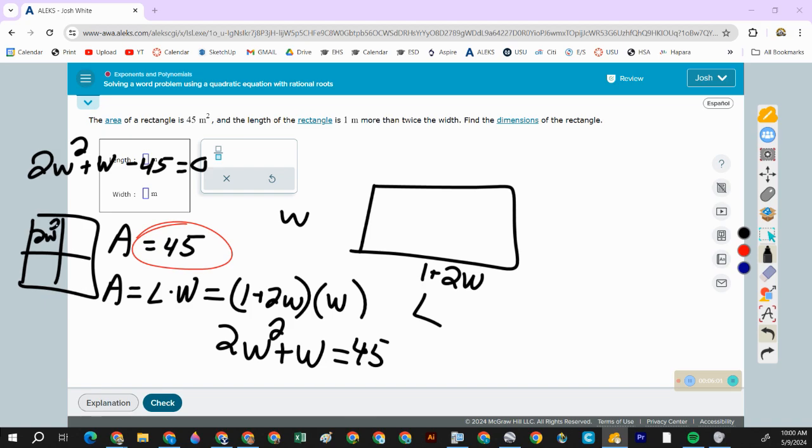So 2W squared, negative 45. Multiply those together, and I get negative 90 W squared. Are there factors of negative 90 that add to be 1?